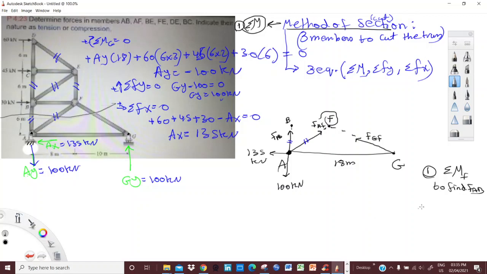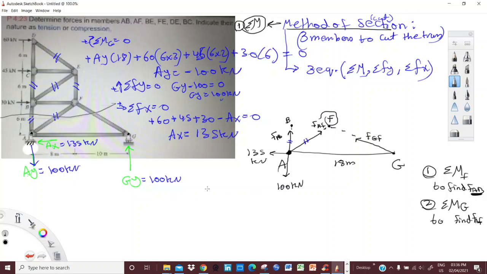Then I will do summation of moment at G in order to find FAF. Okay, is everything clear right now?